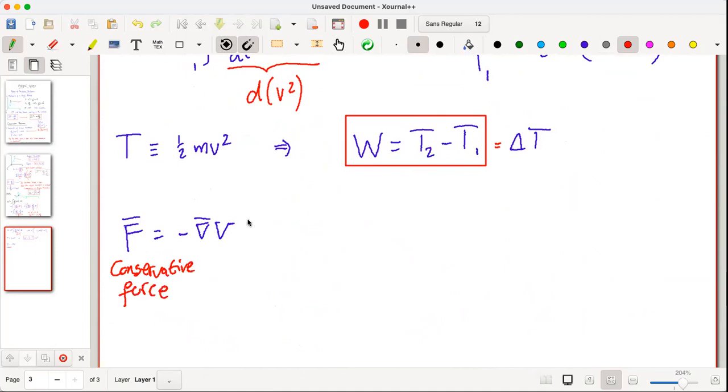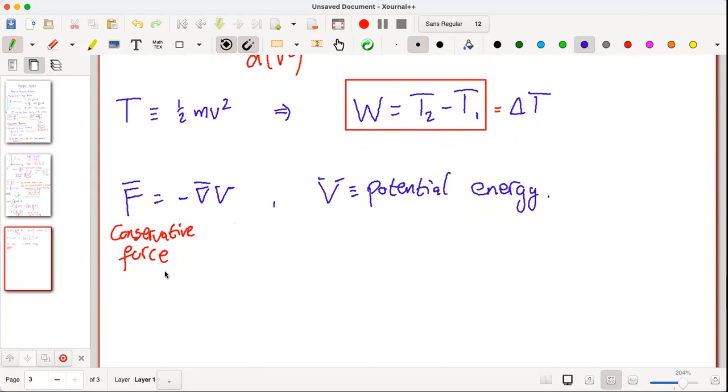So this is the minus gradient of the potential, right? Anyone not familiar with this symbol? This is the gradient, okay? So any conservative vector can always be written as the gradient of a scalar. So the V here is a scalar, and the V here is what I defined as what we call the potential energy.